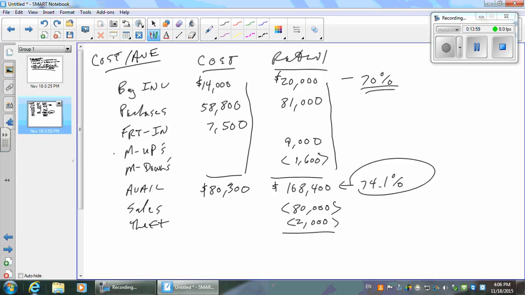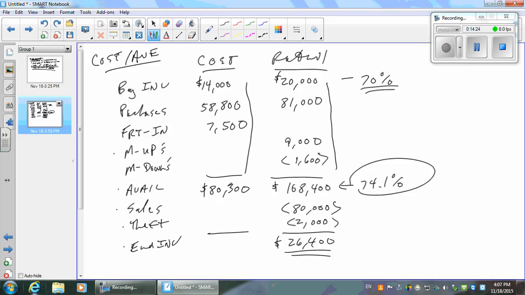So now where are we at, everybody? That must be my ending inventory. Does that make sense? Everything I have available, less what was sold and what was stolen, is what I have at the end. At retail, how much is that? 26,400. Okay?